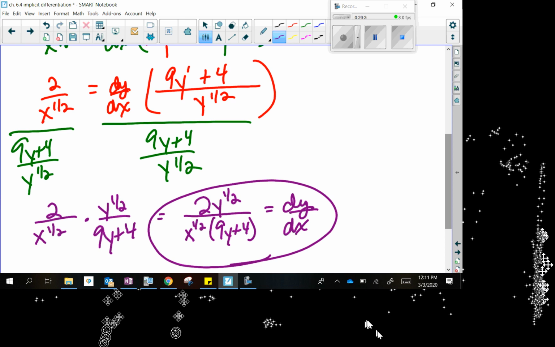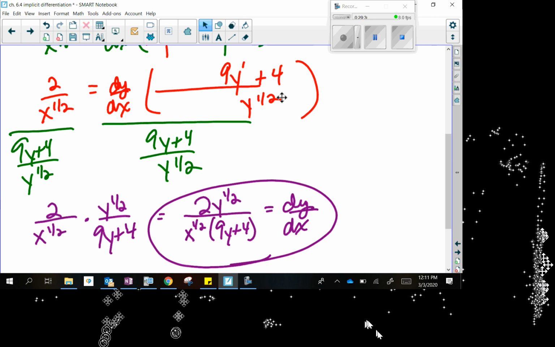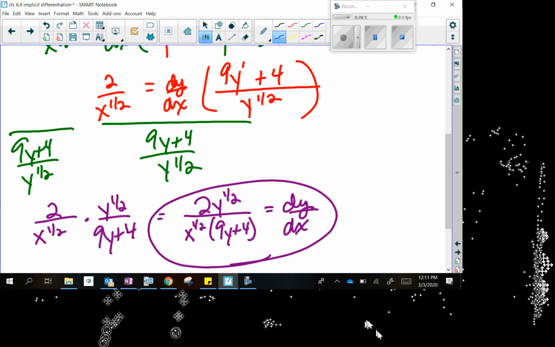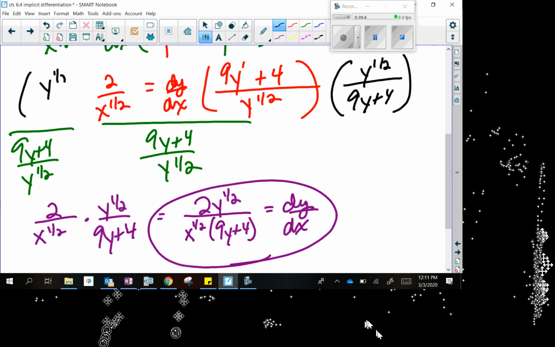Again, that is why it's almost easier. I know we always do the keep, change, flip stuff, but it's the equivalent of multiplying by the reciprocal over here, and that takes a step out of it, if you will.